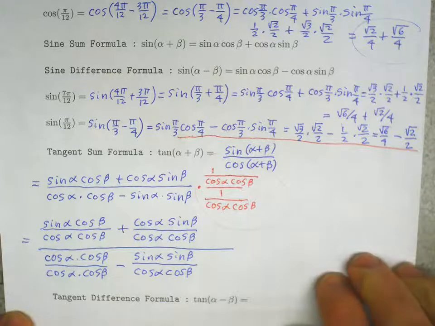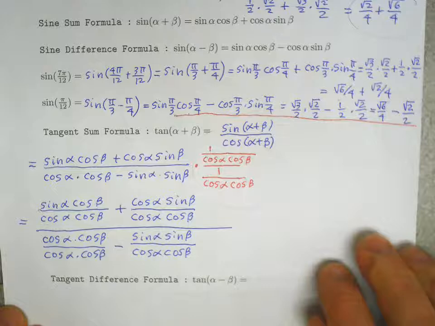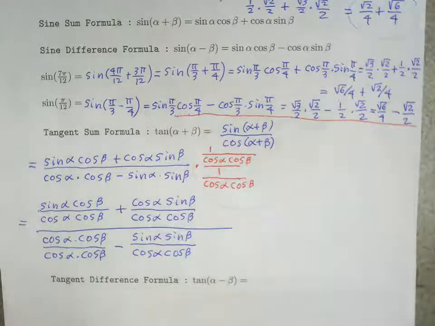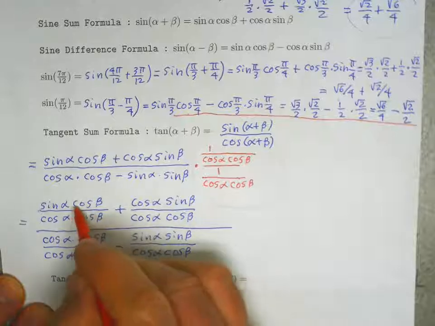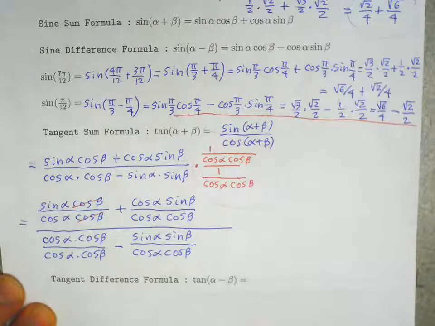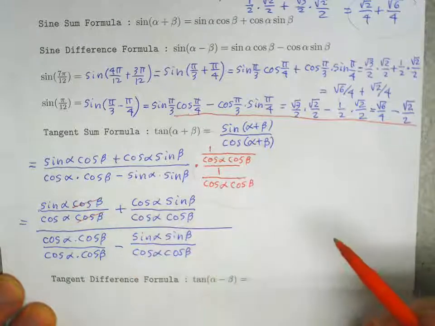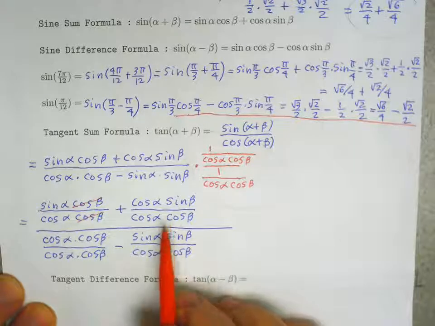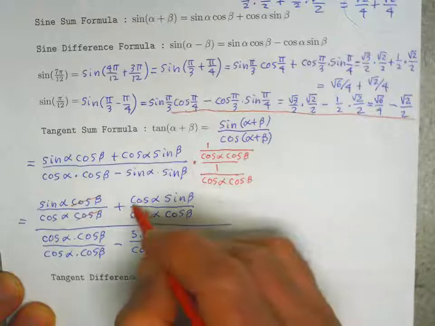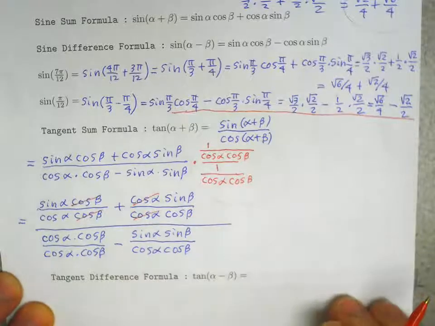You can see that there's going to be a number of things that cancel. So starting in the upper left, cosine of beta divided by cosine of beta, that equals 1. So those are eliminated. In the next term in the numerator, cosine of alpha divided by cosine of alpha equals 1.